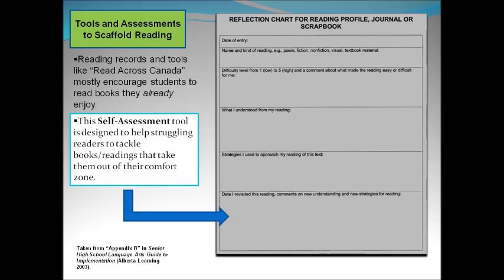Or even using a ruler when you read to keep your eyeball on pace with where you are in the text. Different things like this, taking notes as you read. Different strategies. And then the date I revisited this reading, right? So, when I go back and relook at it, how much better have I become or whatever. So little journal items like this can be helpful for struggling readers.